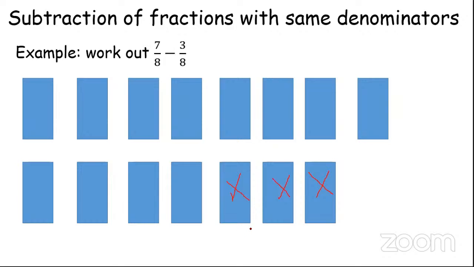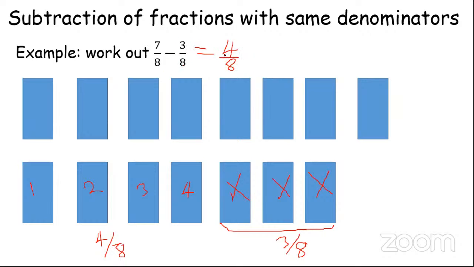So this one here stands for 3 out of 8. So we are removing 3 out of 8. Then we can now count what is left. So this is 1, this is 2, this is 3, and this is 4. So we can say here we shall remain with 4 out of 8. Is that clear? So this one here would be the same as 4 out of 8.